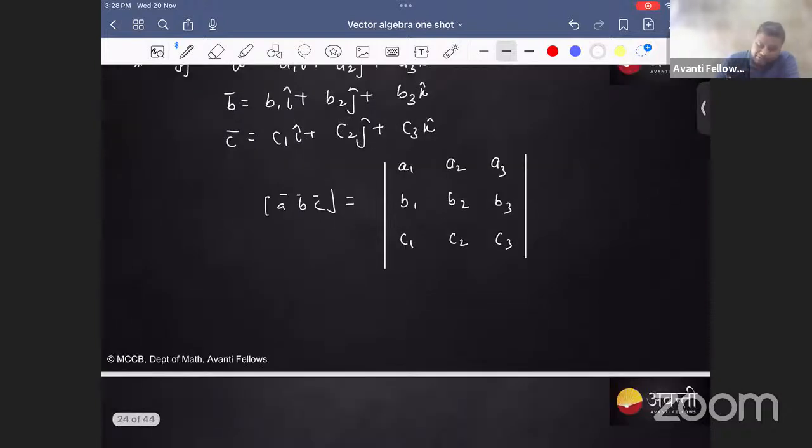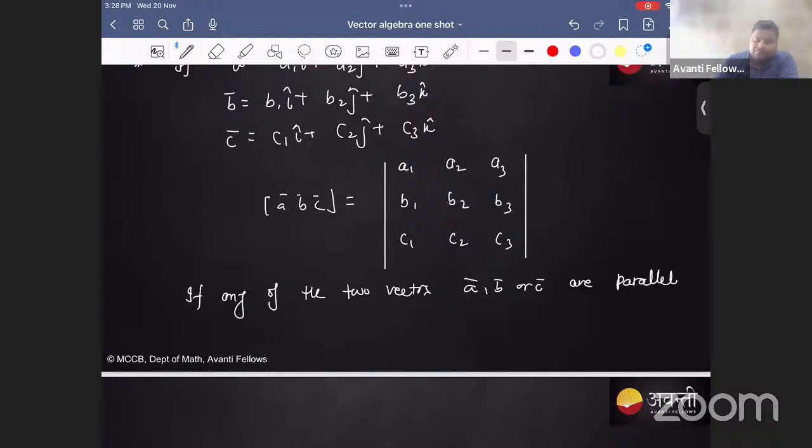Now see, if any two of the vectors A, B, or C are parallel, meaning linearly dependent, then any two rows of the determinant will be identical.